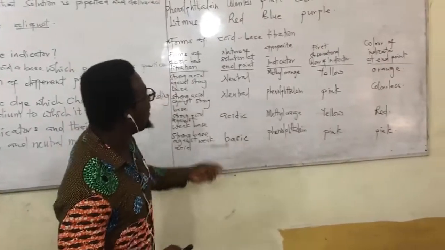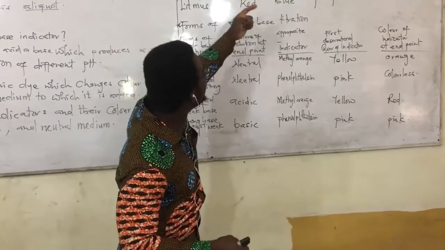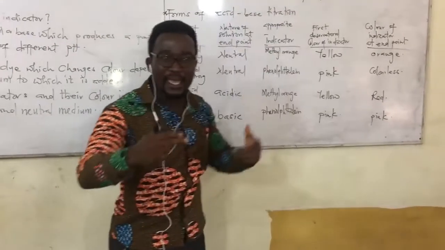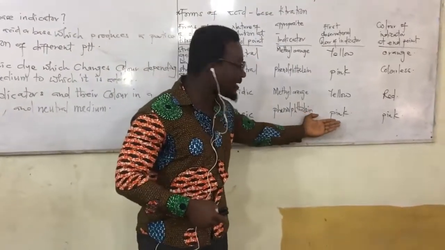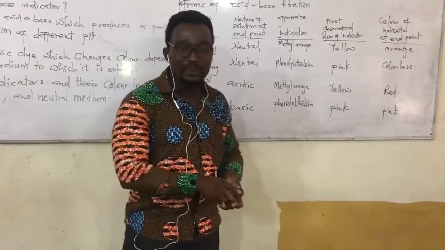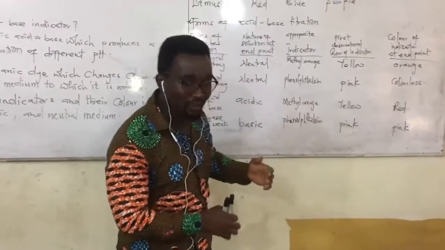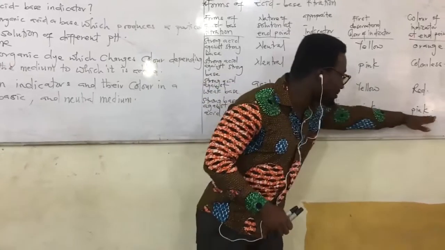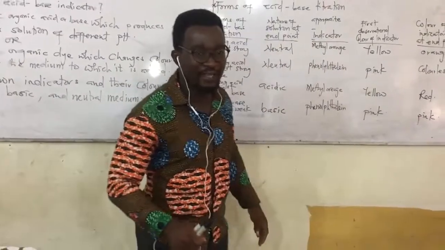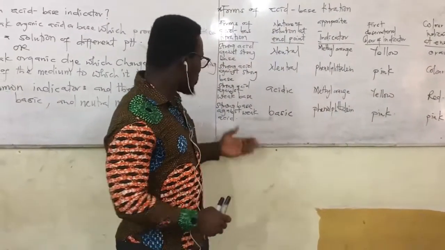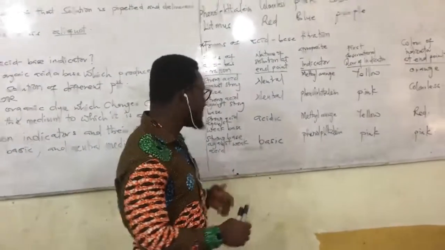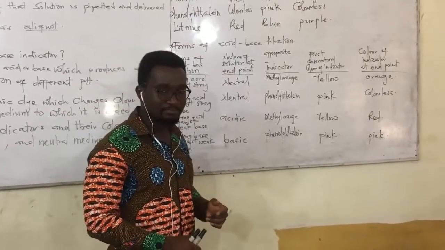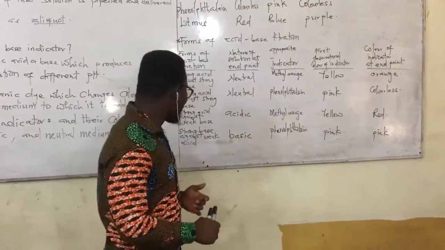If it is basic, then phenolphthalein in the basic medium is pink. But the first observational color is a deep pink, so it will be reduced to a light or faint pink because the volume of the acid will be running against that of the base.